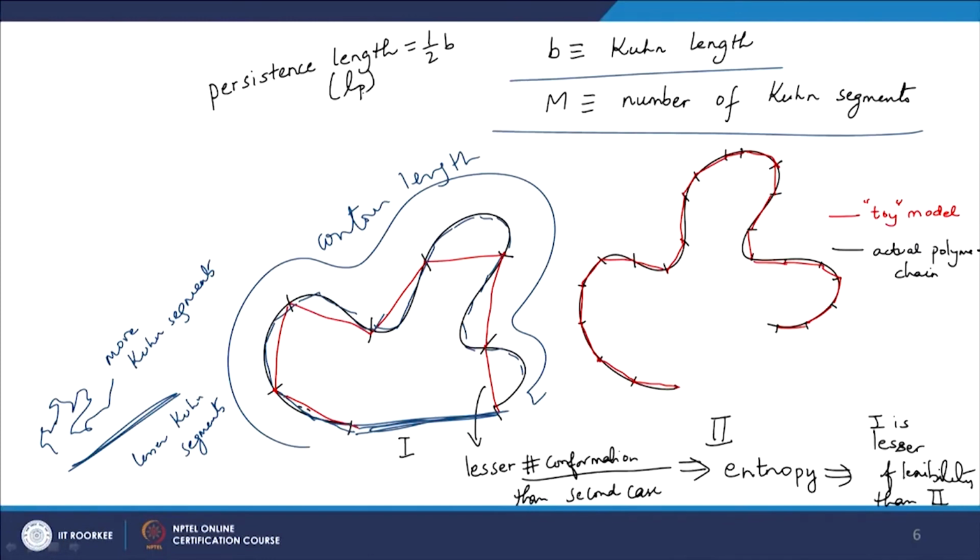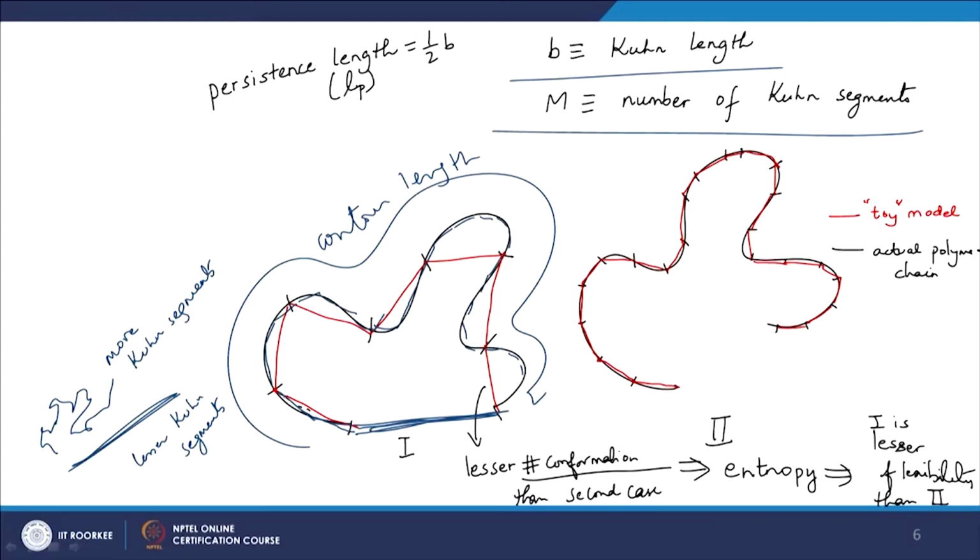If a molecule has a higher stiffness, it will have a higher value of persistence length, which we also refer to as LP. If it has a lesser persistence length, that means the polymer chain is more flexible. So for the same toy model, I can associate different kinds of polymer flexibility by simply tweaking two model parameters, this M and b, the number of cone segments and the cone length, and by this way we can study polymers of different flexibility.